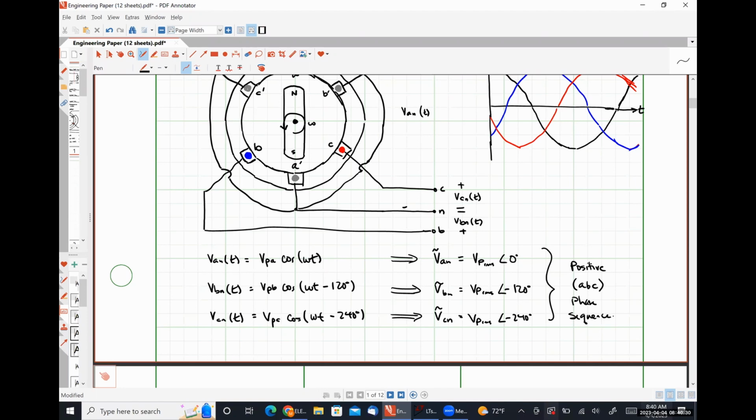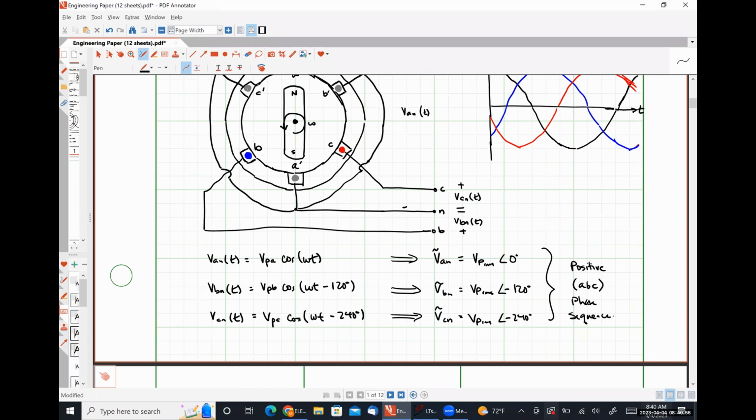In this positive phase sequence system, the B phase lags the A phase by 120 degrees, and the C phase lags the B phase by 120 degrees. All of our voltages are exactly the same, except they are shifted 120 degrees away from each other. Okay. So, any questions?